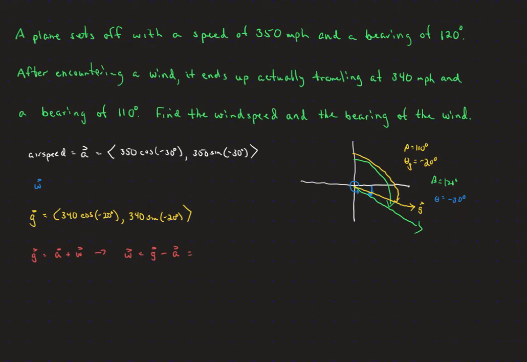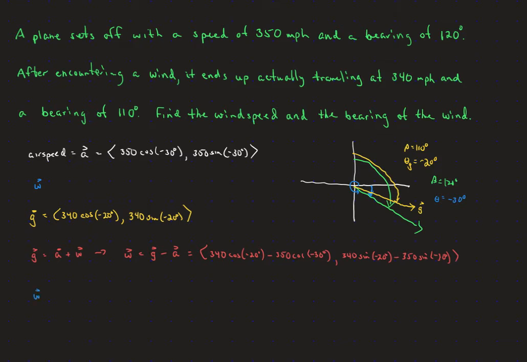So in this case, our wind speed is going to be the 340 cosine of negative 20 minus the 350 cosine of negative 30, comma, 340 times the sine of negative 20 minus the 350 times the sine of negative 30. Okay.